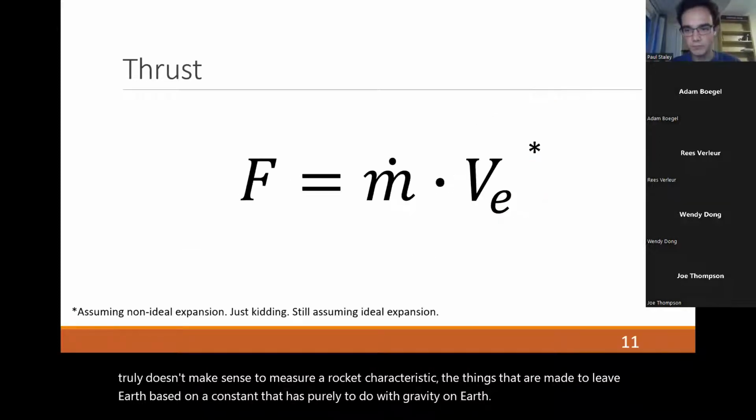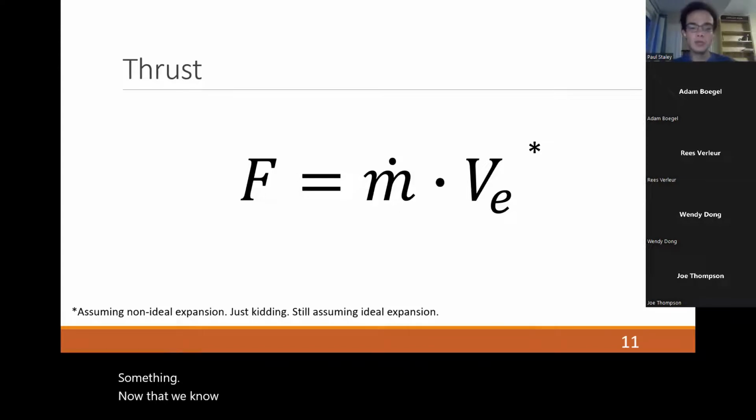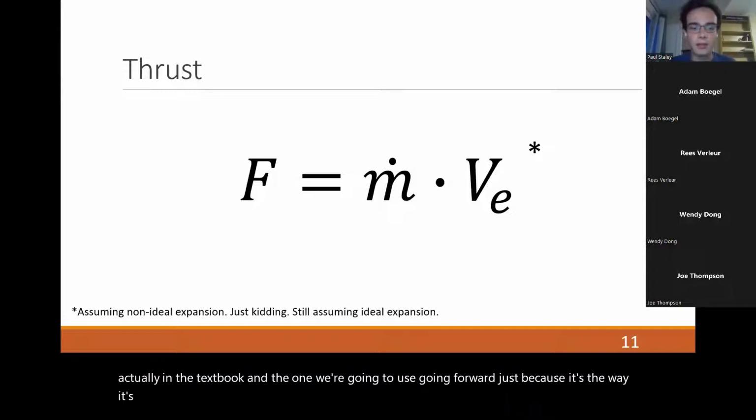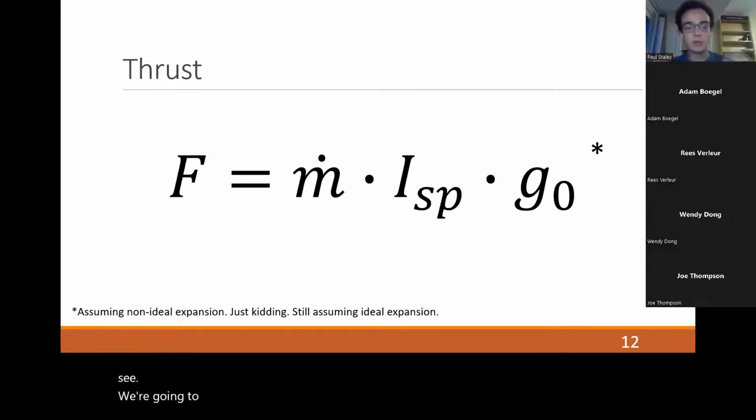Anyway, I skipped past something. Now that we know that, I'm going to give you the real version of this equation, the one you'd actually see in the textbook, and the one we're going to use going forward just because it's the way it's done. I'm going to take that equation with ISP we talked about before and rearrange it slightly algebraically, substitute it for the exit velocity, and we're going to replace the exit velocity with ISP times G naught.